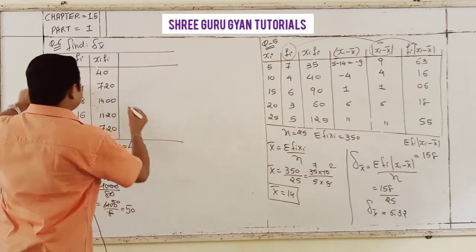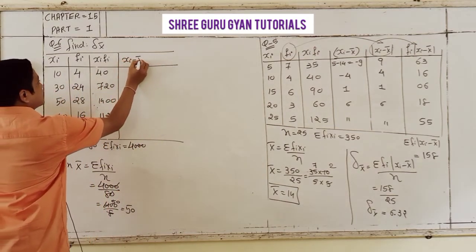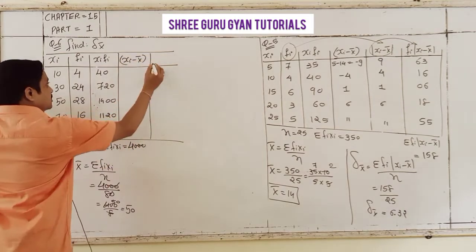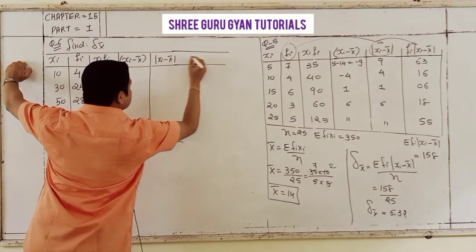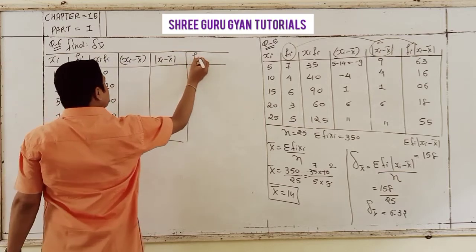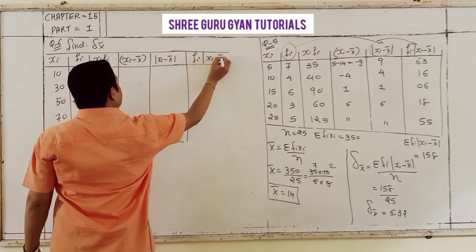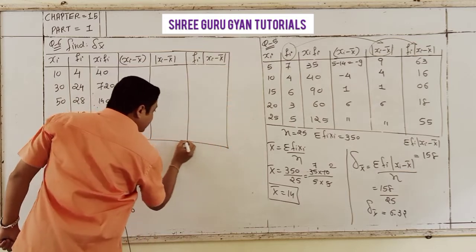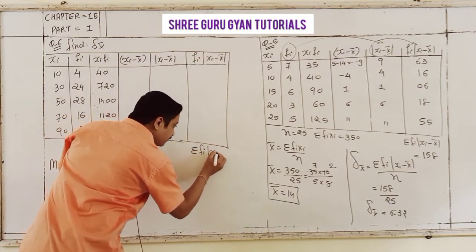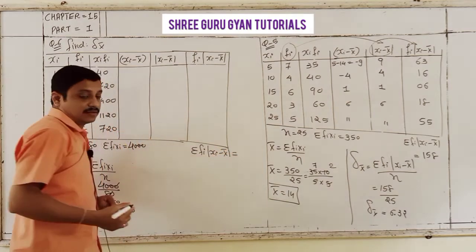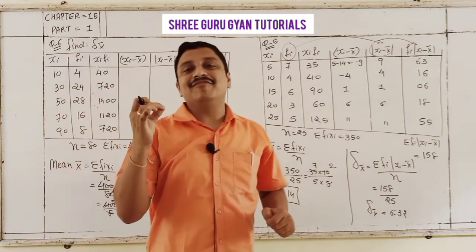Now the process is xi minus x bar, second is modulus of xi minus x bar, and the last table is fi times modulus of xi minus x bar, and then I want the summation sigma fi modulus of xi minus x bar to get the final answer.